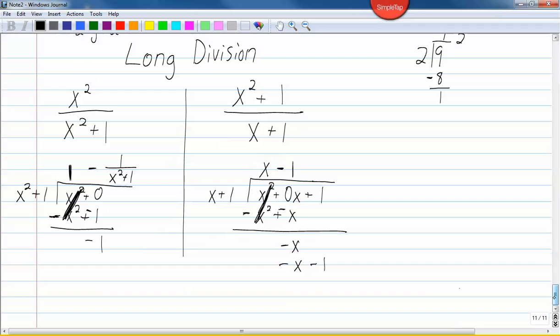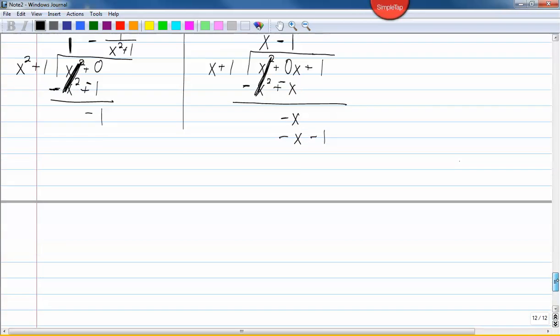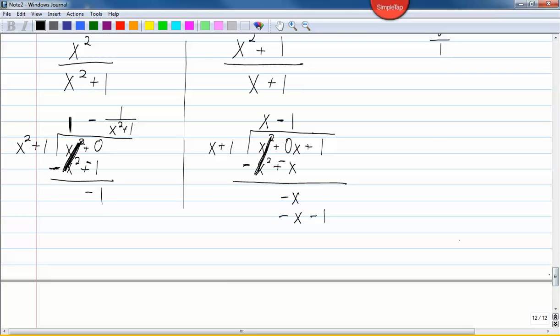Now, I don't have my constant here yet, so what I need to do is bring it down. So I'm going to put a plus 1. Now before you start adding things together and trying to cancel everything out, remember, whatever I have written down here, I have to subtract. So I have to subtract the first term, which will make that a plus, and the second term, will make that a plus.